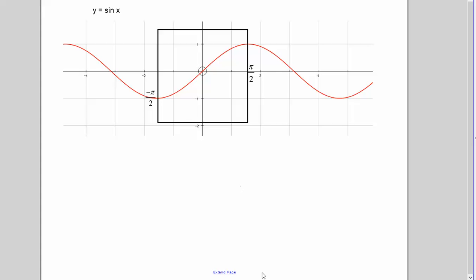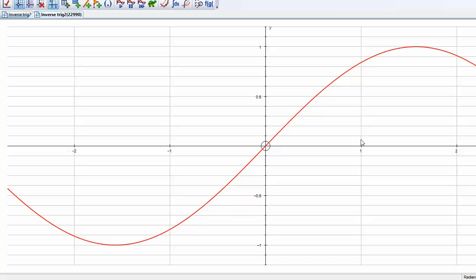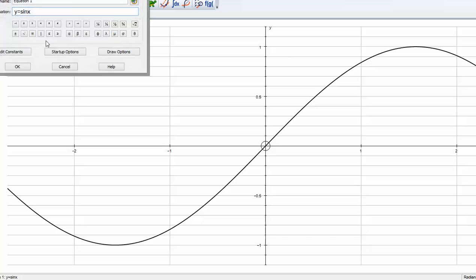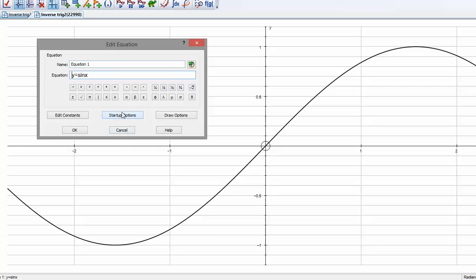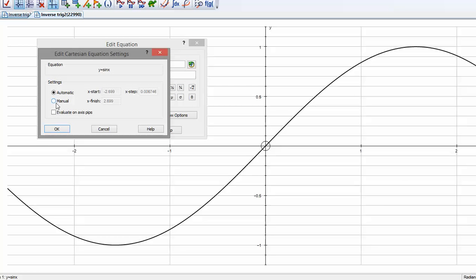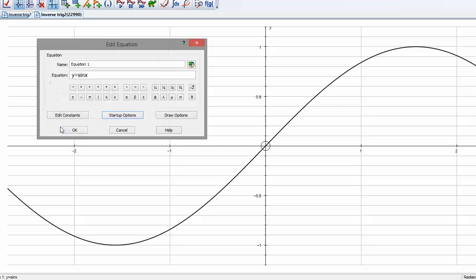So let's have a look at the graph of that. So I've got here plotted y equals sine x, and we said that we're going to restrict the domain, so let's do that. So we're going to start the x at minus pi over 2, and we're going to go to pi over 2.